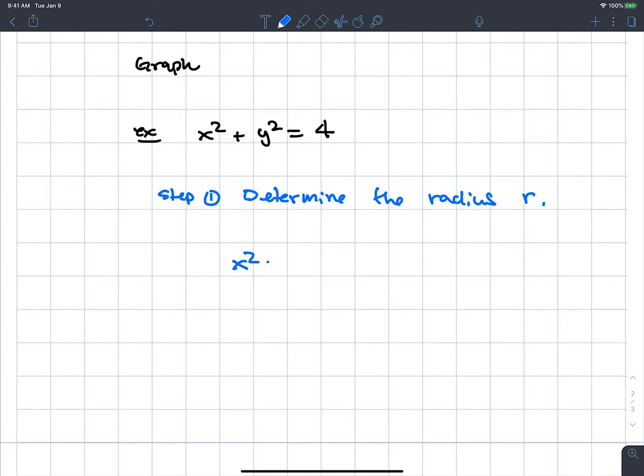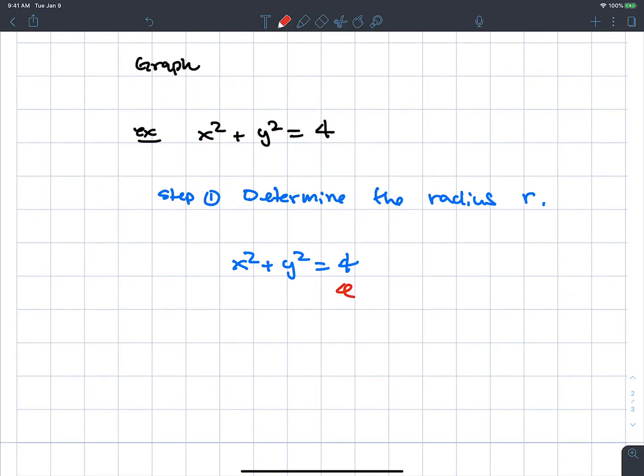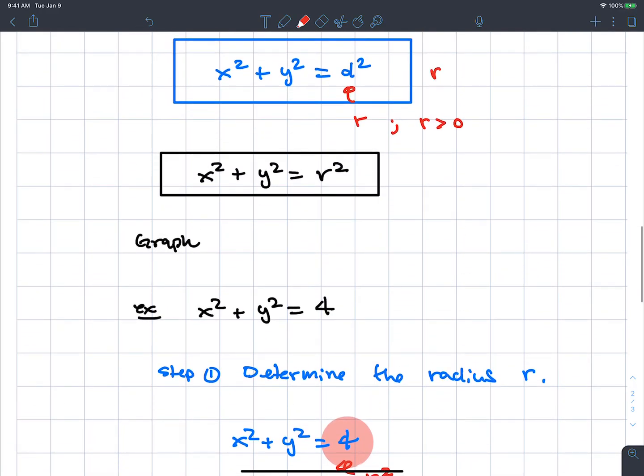So if you have x squared plus y squared is 4 here, what you say is this value must be r squared, because this is the equation of a circle centered at the origin with a particular radius. So you're always going to find that value. You're going to say that r squared is 4.